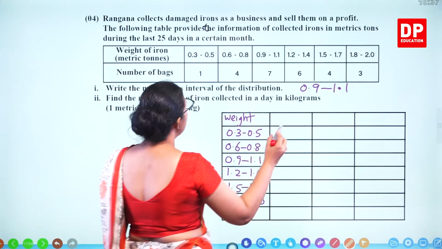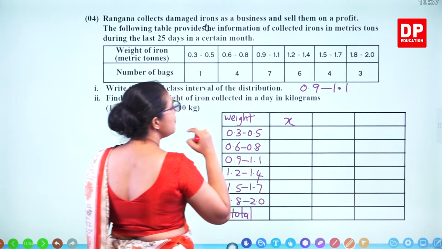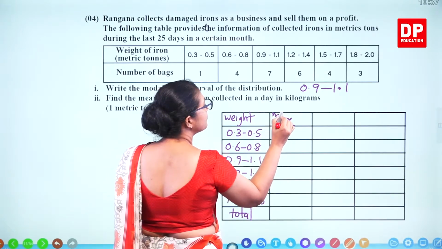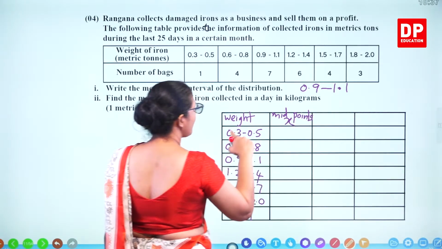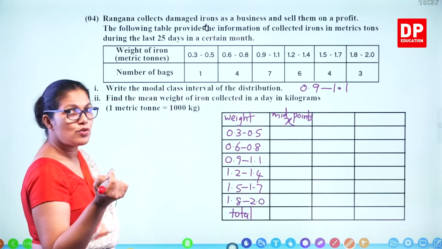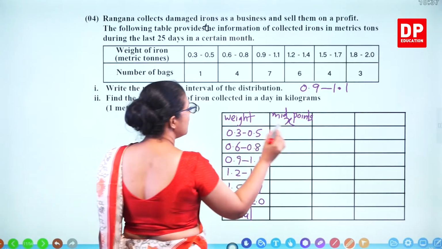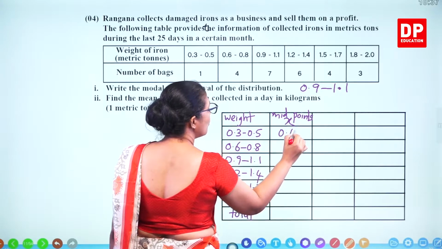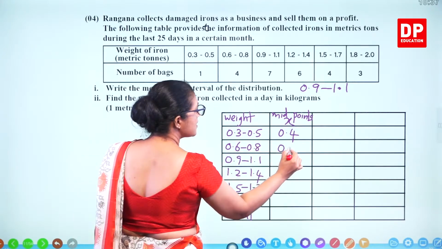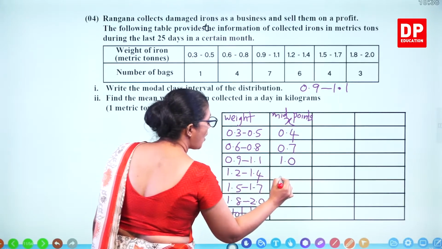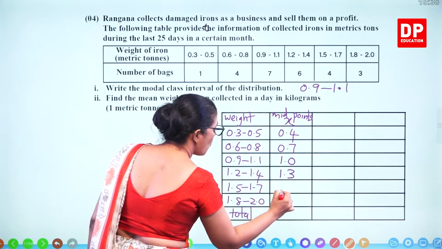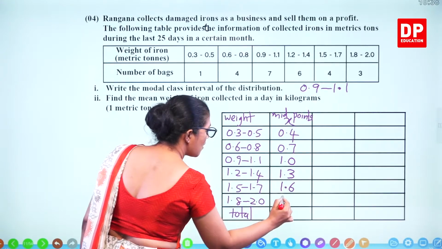And we need midpoints. You take x as the midpoints. So add and divide by 2. So the middle value is 0.4. Here we can see 0.7 is the middle. Here 1, 1.3, 1.6, 1.9.